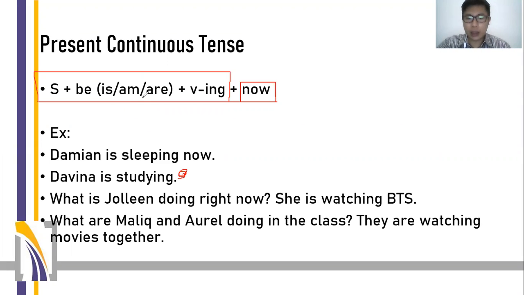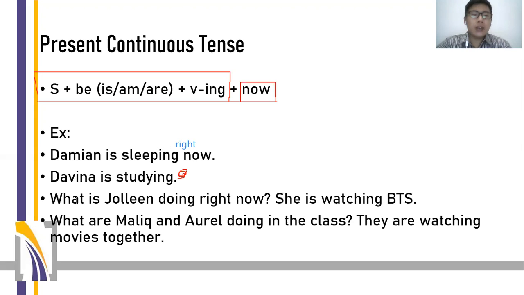You could add an object. You could add the time, which is now. So let's look at the examples. Damien is sleeping now. Or you could say right now. I already get used to saying right now rather than now. So this is just an example.